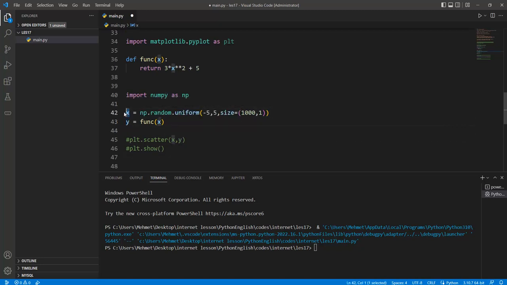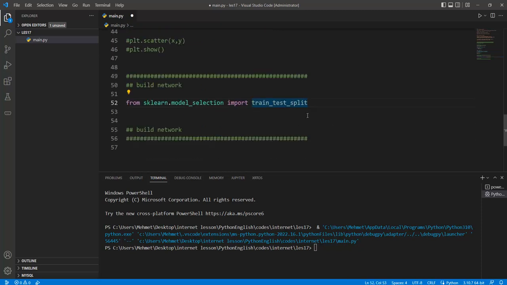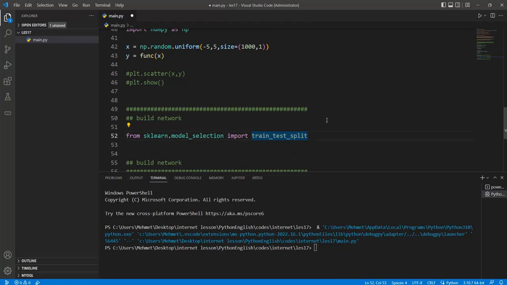We have all the x and y values, but in the neural network structure we can feed every data related to the input and output into the network. But in literature or in applications, we should split it as the training and the testing data. And so this sklearn.model_selection function, which we call train_test_split, splits this x and y value as a what? As a training data and the test data.